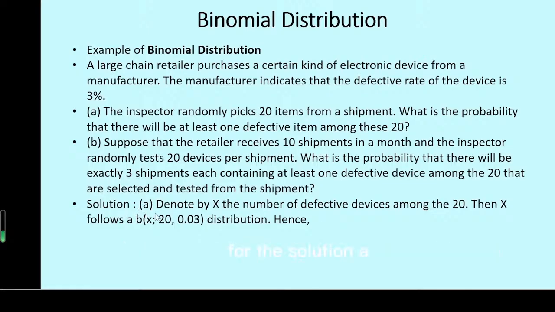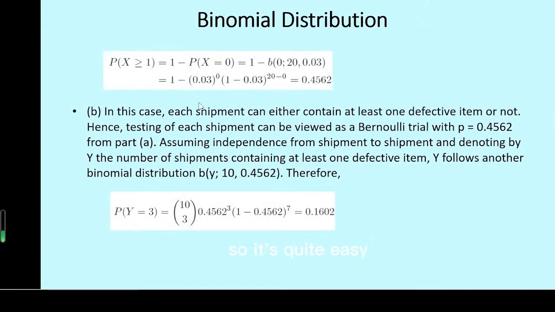For solution A, if we denote by x the number of defective devices among the 20, then x follows a binomial distribution b(x; 20, 0.03), right? So it's quite easy. We just calculate the probability of x larger than or equal to 1, which means 1 minus the probability of x equal to 0.